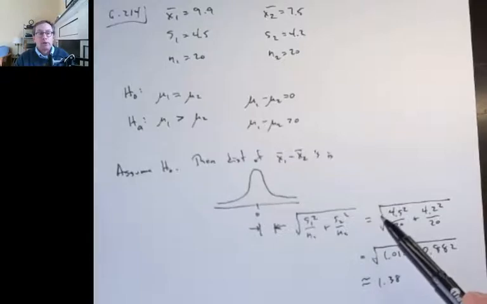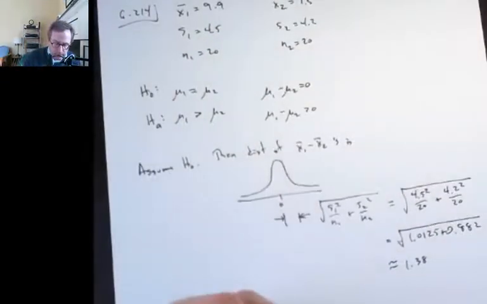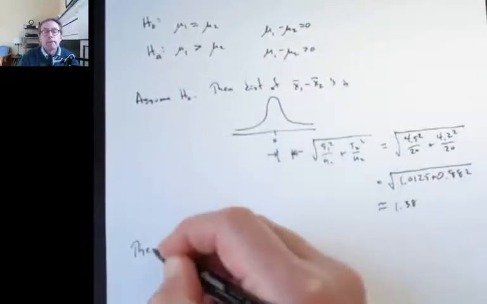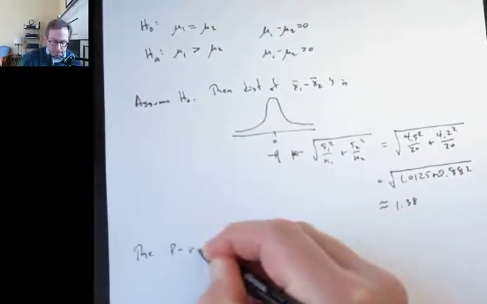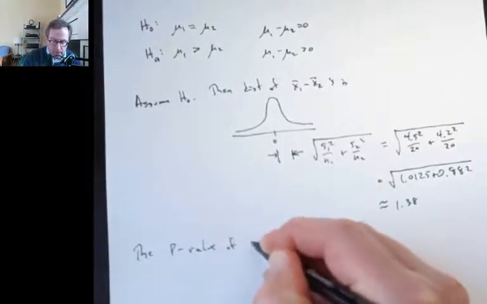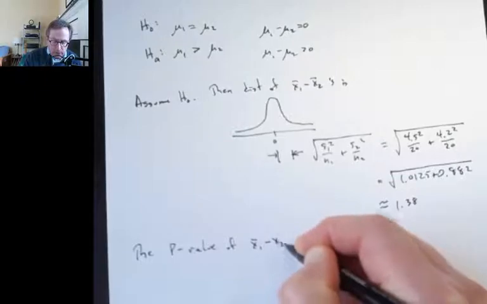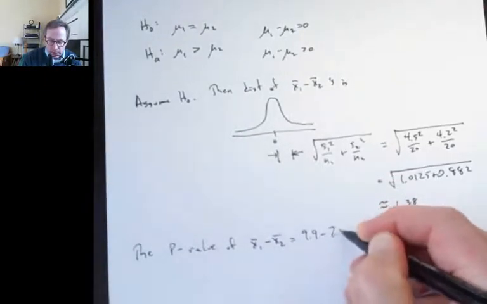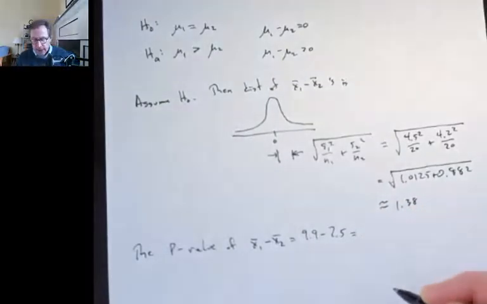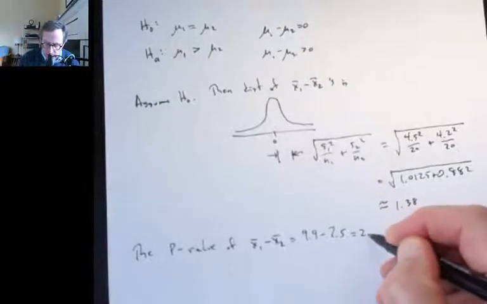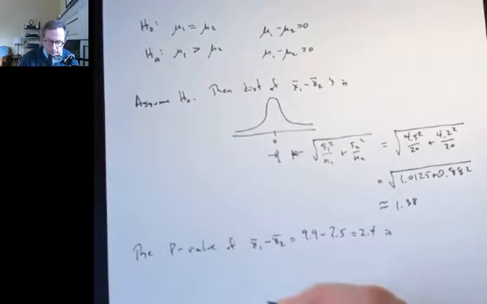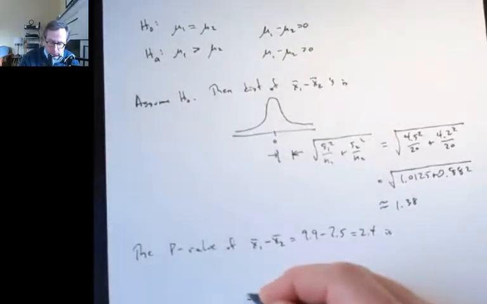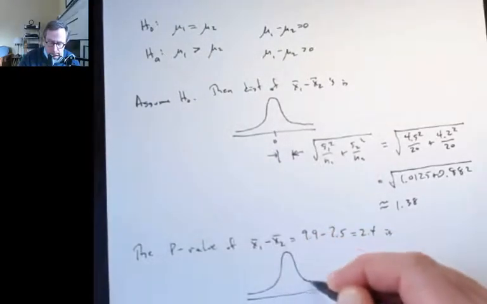That is to say, what's the p-value? So the p-value of x1 bar minus x2 bar, 9.9 minus 7.5, 2.4 is. So I'll draw 2.4 and shade the area, and then I'll go look it up.